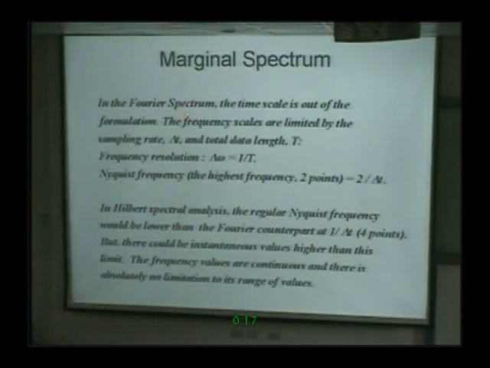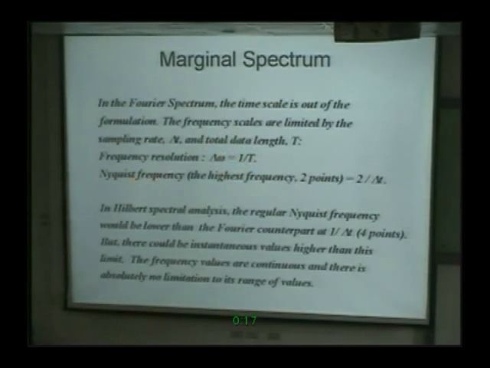And how about the frequency limitation? In the Fourier spectrum, the frequency scale is limited by delta t and capital T. You have no choice. If the total length is capital T, then your frequency step is 1 over capital T. That's not changeable.